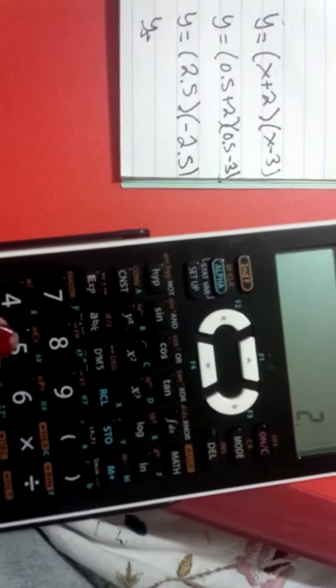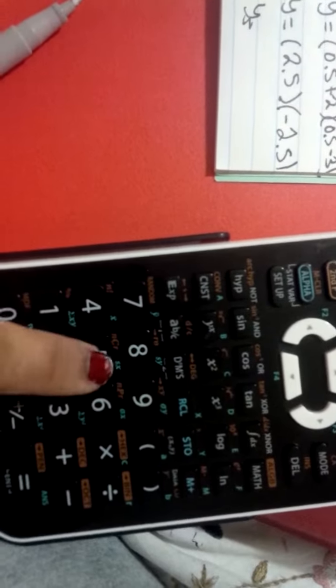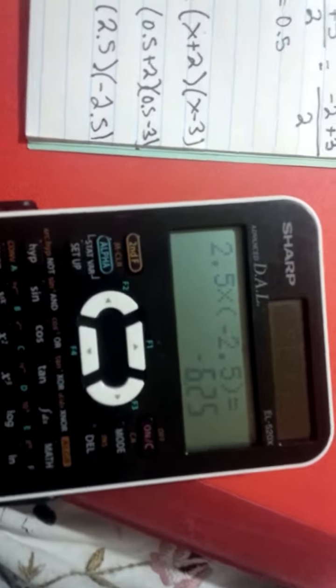2.5 multiplied by negative 2.5 gives us negative 6.25. So y equals negative 6.25. That means we have already found our vertex.